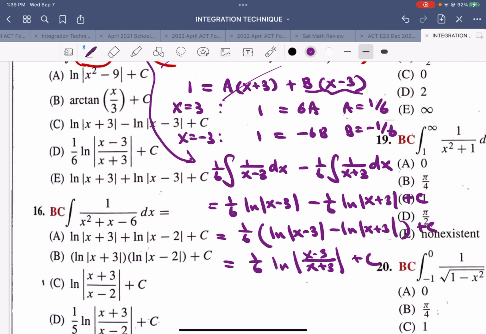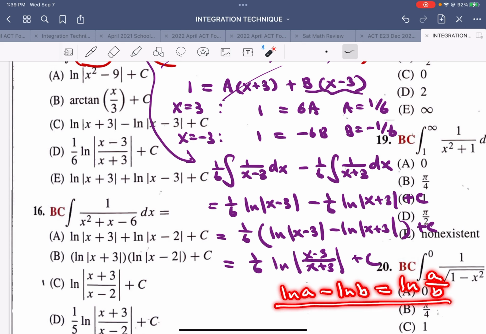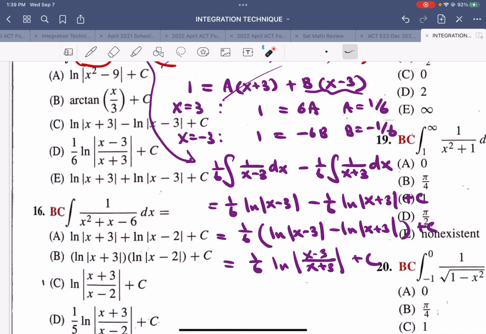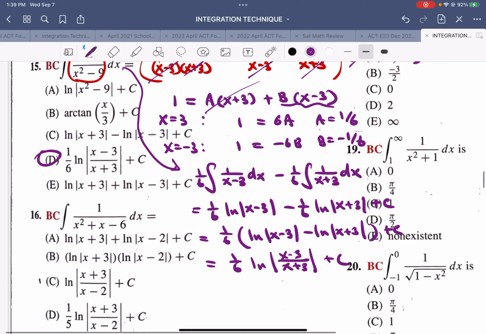So ln a minus ln b is ln a over b. That's one of the rules I use here. We call it the subtraction rule for logarithms, where you divide. Okay, so then answer D.